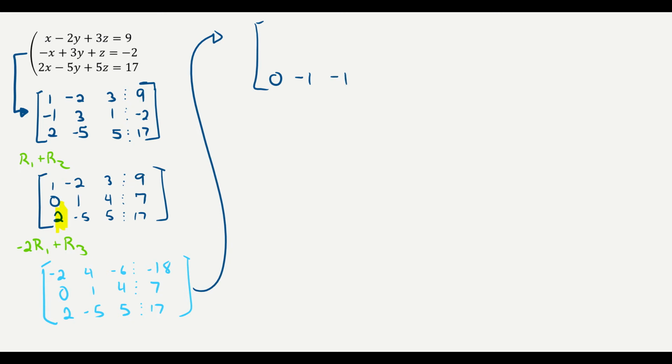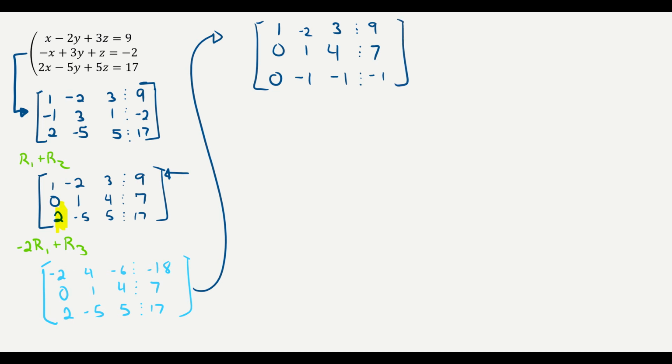And -18 plus 17 is also -1. Okay, the same second row. And now for the first row, I'm going to go back to what I originally had right here, before I multiplied by 2. So 1, -2, 3, 9.